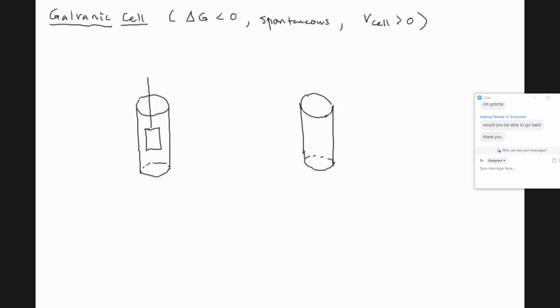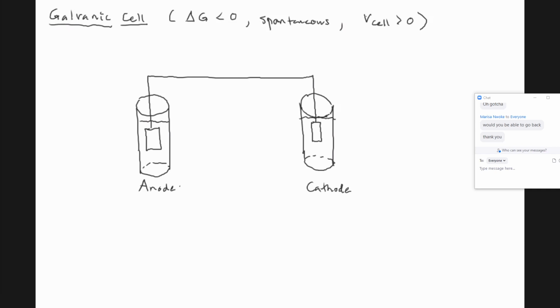It's connected to another metal on the other side. These are always in solution. So it's usually some type of metal. So one side is going to be the anode. One side is going to be the cathode.